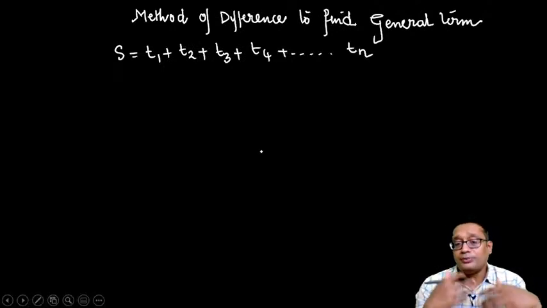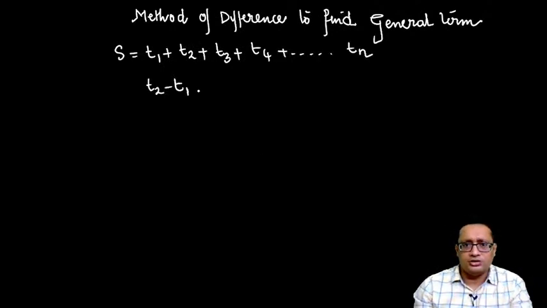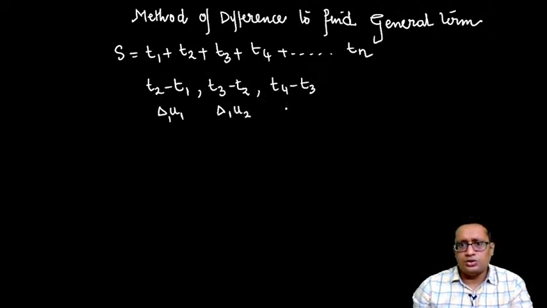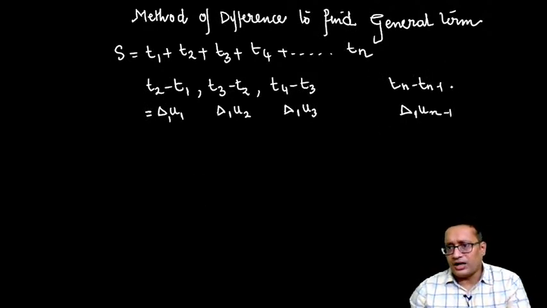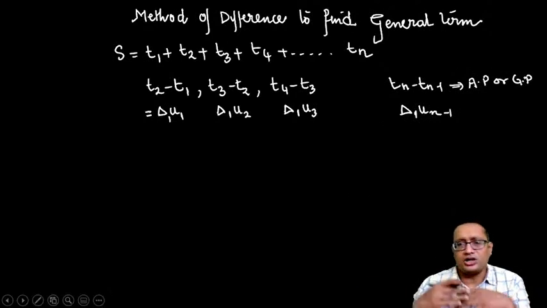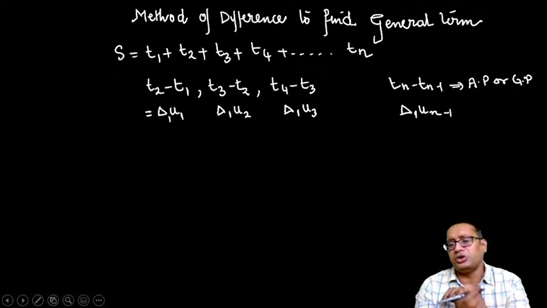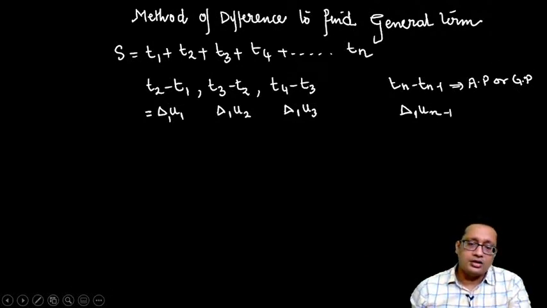Then we will come to the conclusion that the differences, t2 minus t1 and so on, are such that the successive term differences, or consecutive term differences, are either in AP or GP.